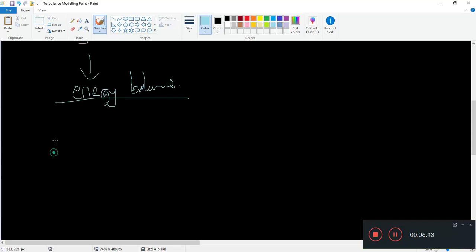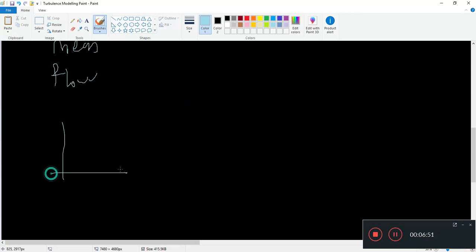So usually we have some mean flow. Remember the mean flow, we have some profile like so, where this is the velocity and this is the direction x, across some tube.